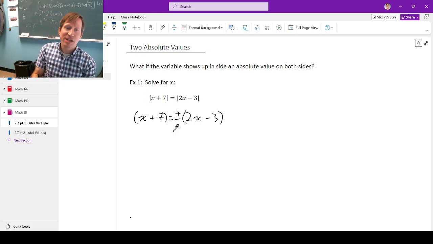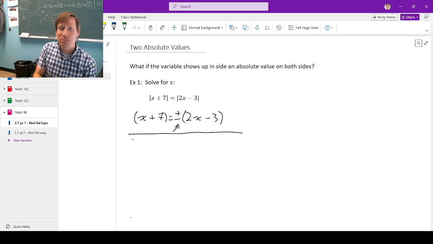Okay, so we get this equation, x plus 7 equals plus or minus (2x minus 3). It's kind of hard to solve this equation with the plus or minus here. So in this case, where we have variables on both sides of the equation with the plus or minus, I think it's easiest to actually write down both versions of this equation.